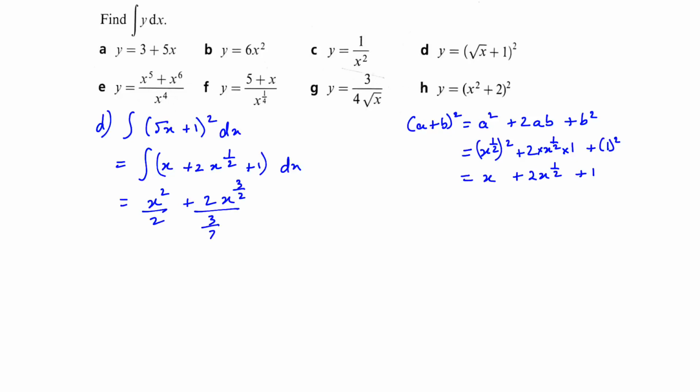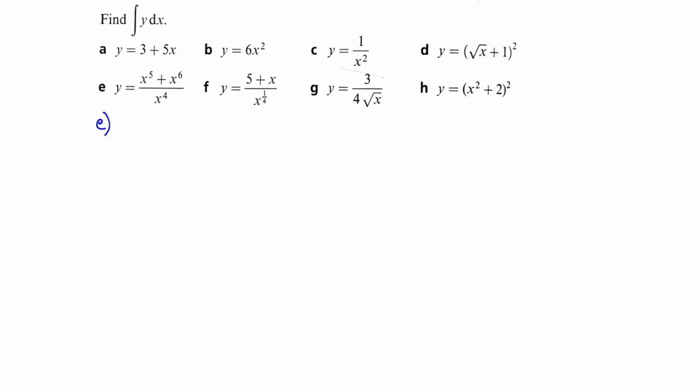That 3 over 2 will go down and 1 will give you x plus c. When we simplify 2 divided by 3 over 2, we will get 4 over 3 x to the power of 3 over 2 plus x plus c.